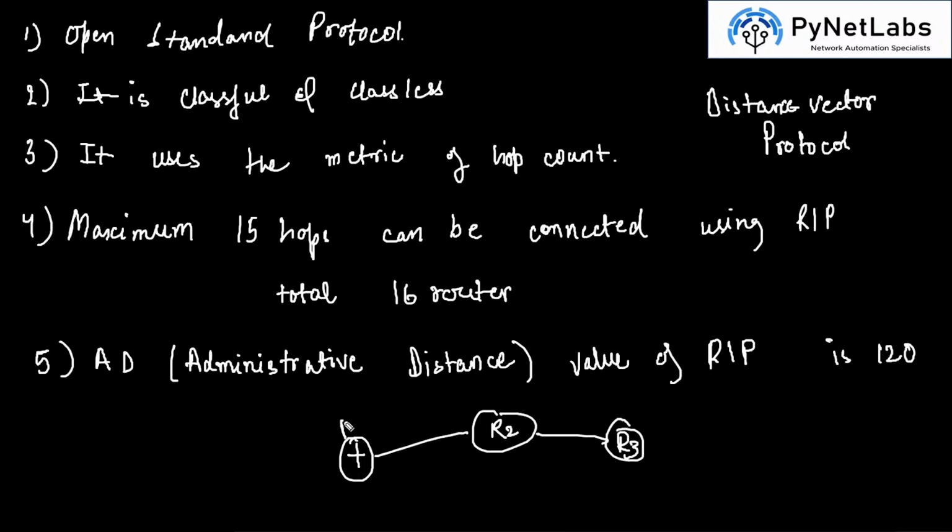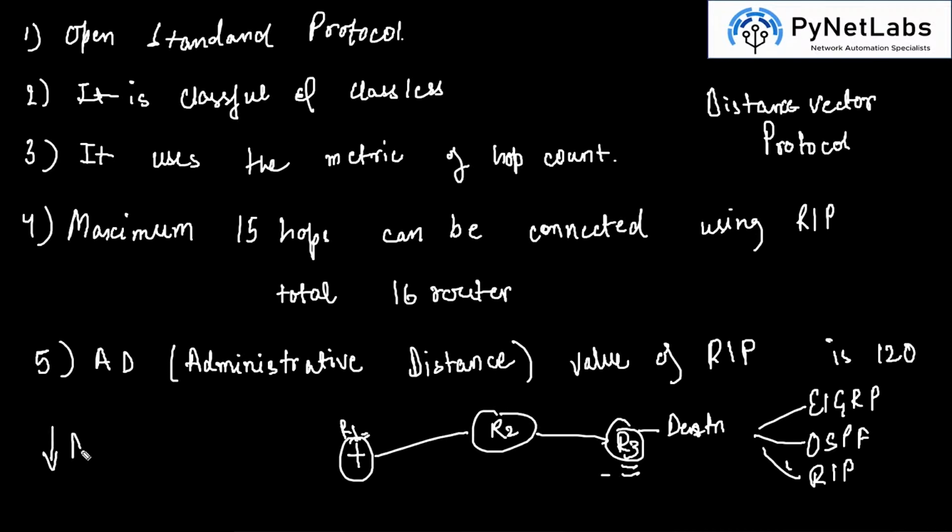So this is router 1, this is router 3, the destination router. Let's say we have EIGRP, which we are going to discuss in the coming classes, OSPF and RIP. All three protocols are configured on this network. So the protocol with the minimum AD will be chosen by R1 in order to reach R3. The lesser the AD, the more the protocol is preferred.